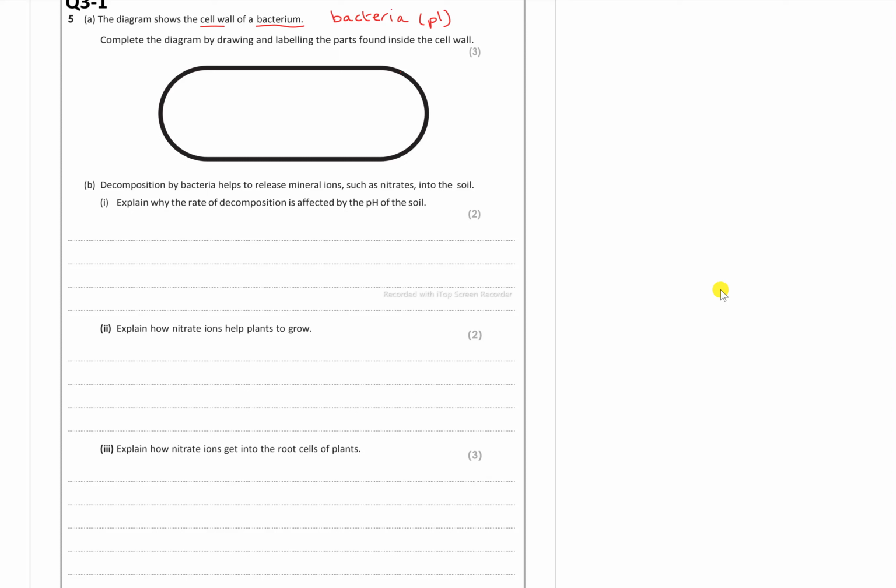So this bit here is the cell wall. And you have to be careful because I missed this bit. It's saying that inside, and it's 3 marks. So if we did the cell membrane, cell surface membrane on the inside.